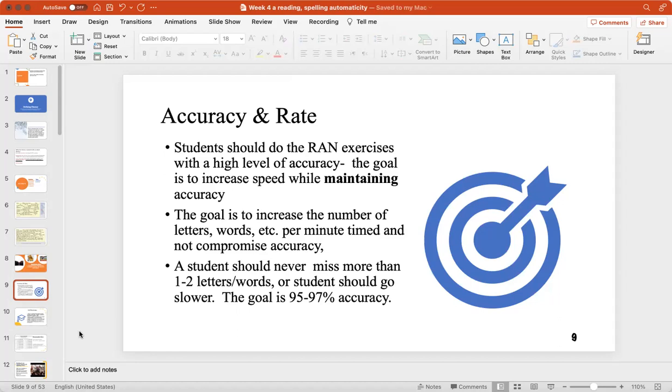You can only put consonants and vowels in that they know already. You can't spring it on them, okay? So that's something that I really would like you to do with your students. When you're doing these rapid automatic naming exercises, your students shouldn't be making more than 1 or 2 letter mistakes, because that's 95% accuracy.